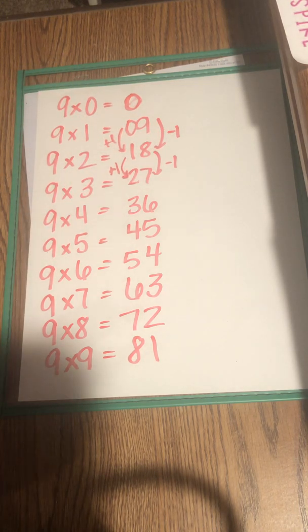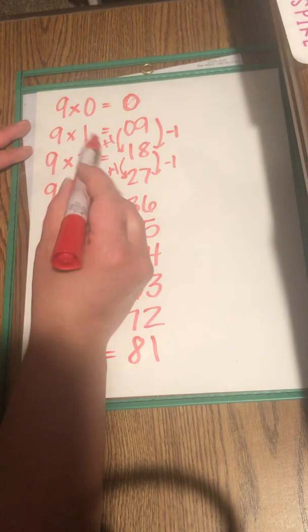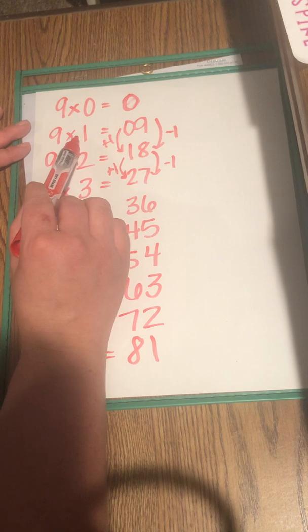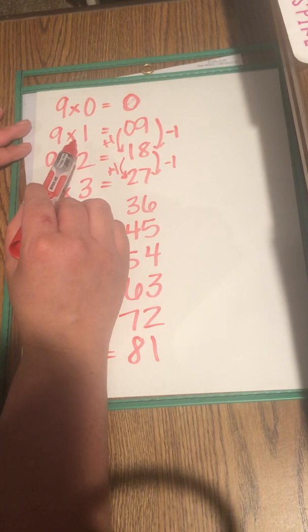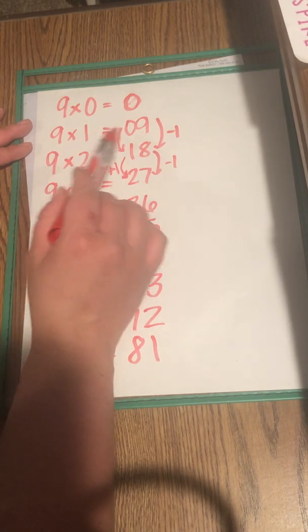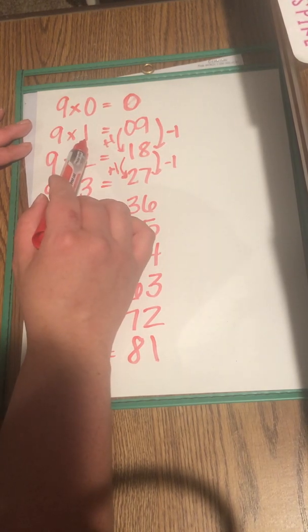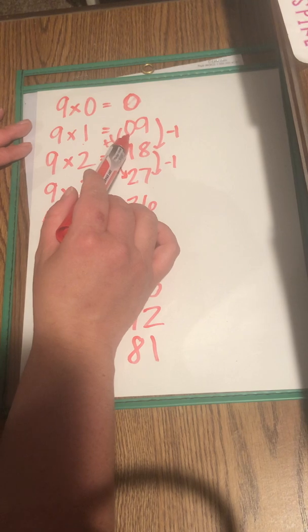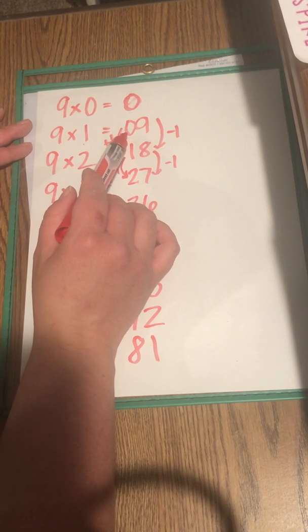So when we look at these numbers, we can quickly solve it. So 9 times 1 is not quite a 10. It's not quite one group of 10, so we don't have one in there. So the number we're multiplying by, in our tens, it's one number less.